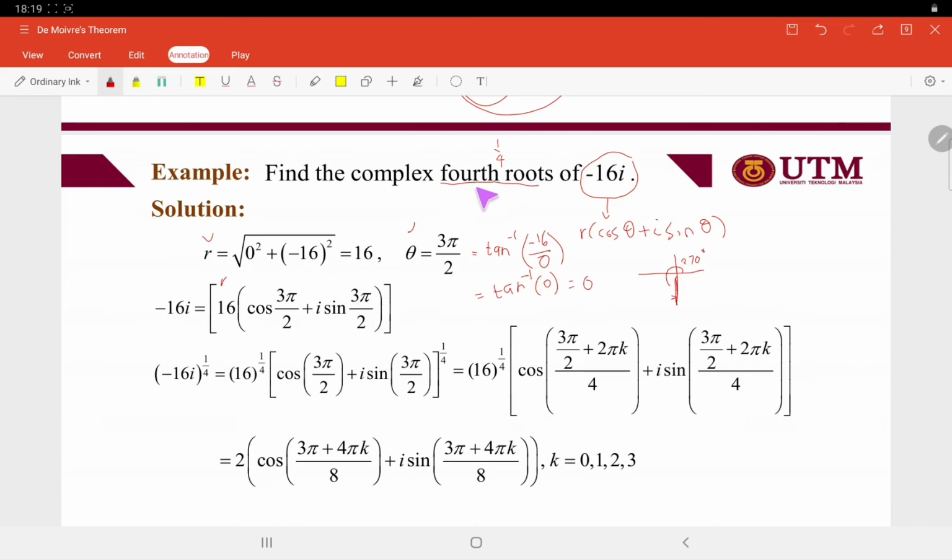Then what we want to find is the fourth roots of negative 16i.